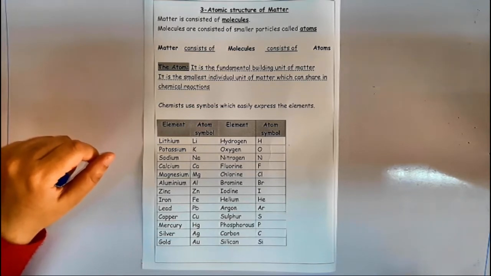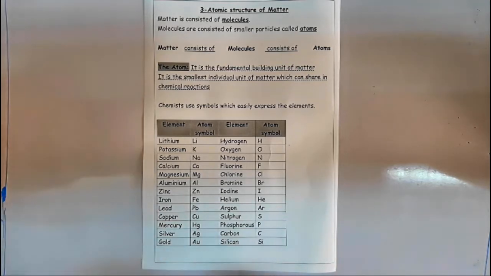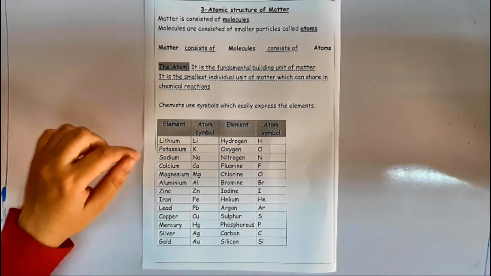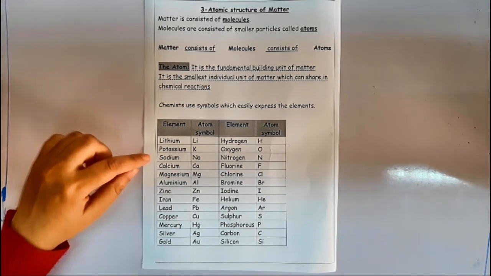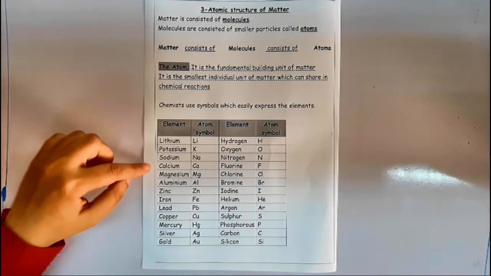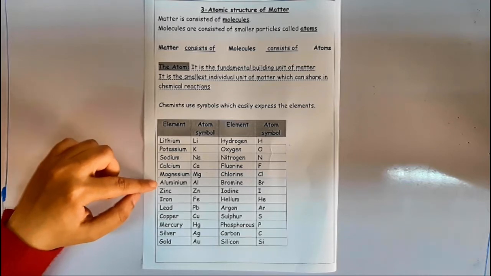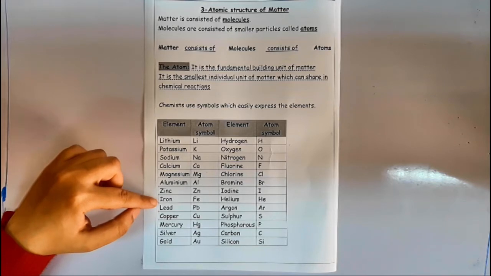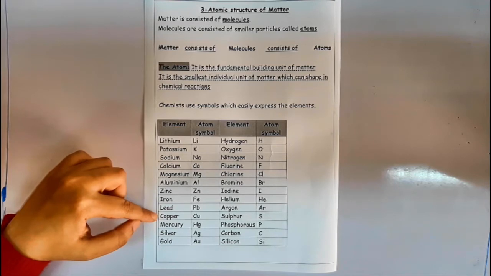Scientists decided to use symbols which represent each atom or each element. Instead of lithium, we can write Li. This is the symbol of the atom of lithium. Potassium, K. Sodium, Na. Calcium, Ca. Magnesium, Mg. Aluminum, Al. Zinc, Zn. Iron, Fe. Lead, Pb. Copper, Cu.